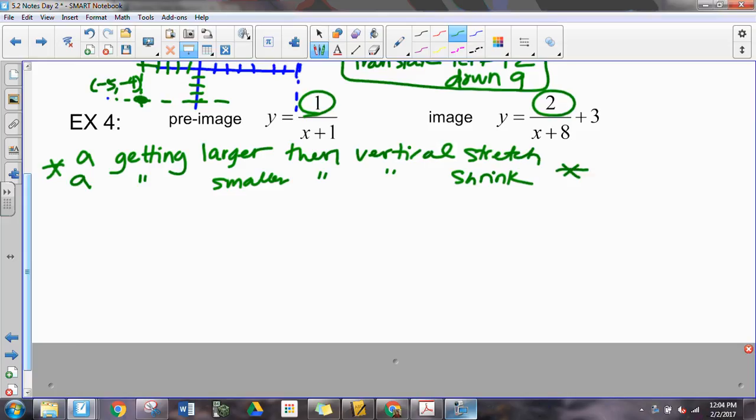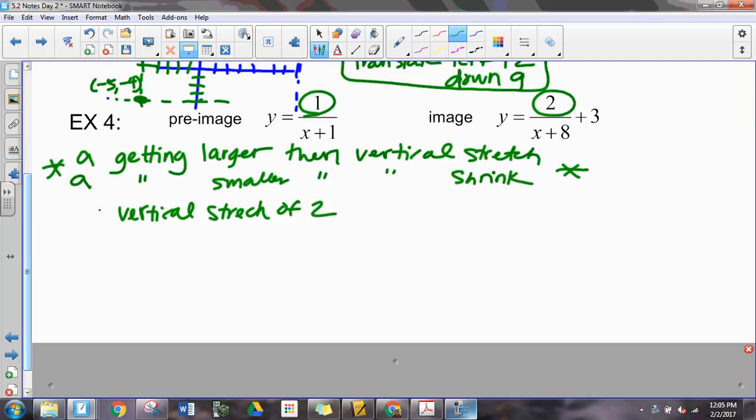So that means, like, if I start with my pre-image and it's going from 1 to 2, that's a vertical stretch. If I start at the image and go to the pre-image, and then it would be going from 2 to 1, it would be a vertical shrink. Okay, so in this case, we have a vertical stretch of 2.